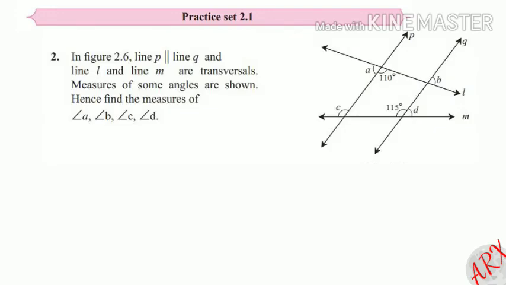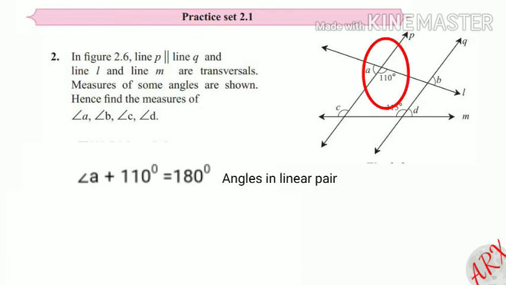Now we will move on to question number 2. In the figure, line P parallel to line Q and line L and line M are transversals. Measures of some angles are shown, hence find the measures of angle A, angle B, angle C and angle D. If we observe, angle A and 110 are angles in a linear pair, hence their sum will be 180.